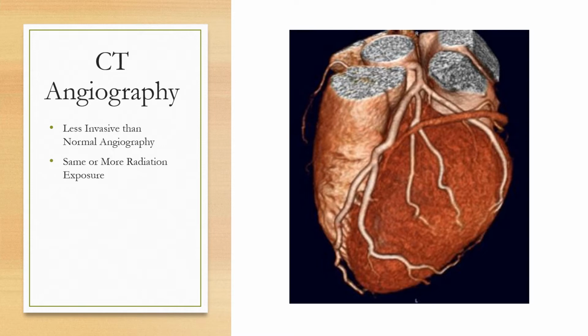Okay, so it's your wrist or your femoral artery, and then thread up the catheter to the heart, and then put dye in to the coronary arteries, and then see the anatomy of the coronary arteries to see if there's any blockages. A CT angiogram, okay, you get some dye put in, and they wait for the dye to get up to the heart, and then they do a CAT scan.